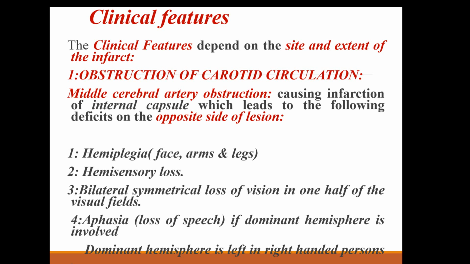So obstruction of carotid circulation, middle cerebral artery obstruction causing infarction of internal capsule, leads to the following deficits on the opposite side of the lesion: hemiplegia of face, arms and legs, hemisensory loss, bilateral symmetrical loss of vision in one half of visual fields, and aphasia, which is loss of speech if the dominant hemisphere is involved. Dominant hemisphere is left in right-handed persons.